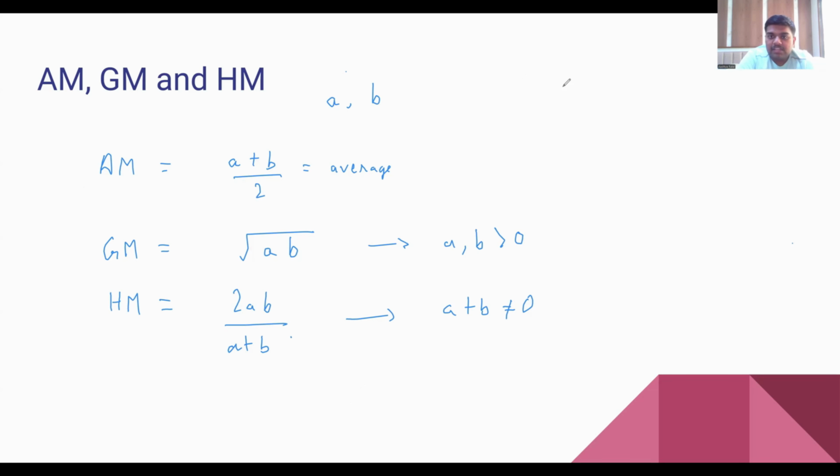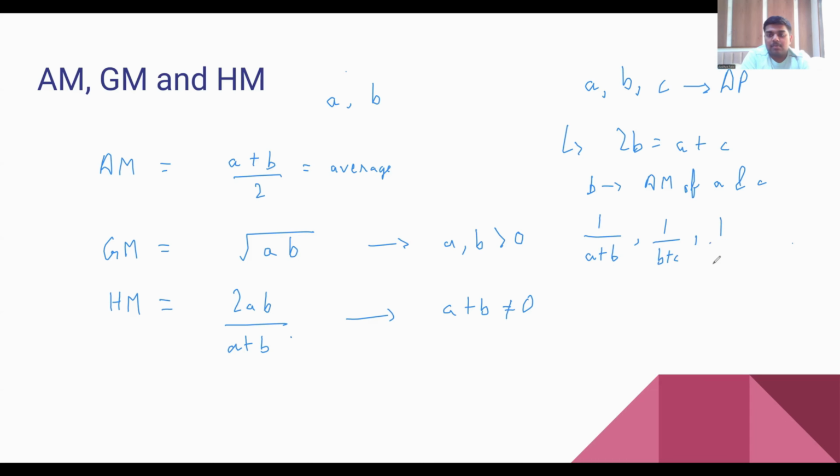So if we are given that three numbers A, B, C are in an AP, then we can say that 2B is equal to A plus C, or B is the AM of A and C, which is the arithmetic mean of A and C. And also, if A, B, and C are in AP, then we can say that 1 by (B plus C), 1 by (A plus C), 1 by (A plus B) are also in an AP.